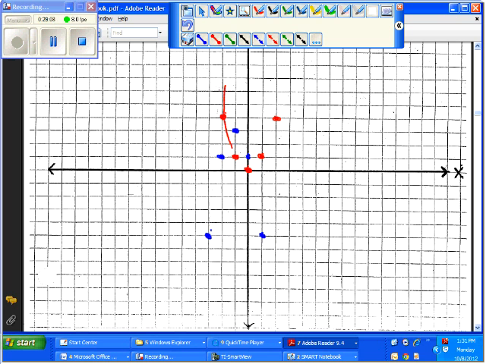So here's the parent function. And here is the new function. Now the equation of the new function was y equal what? What was our new equation?